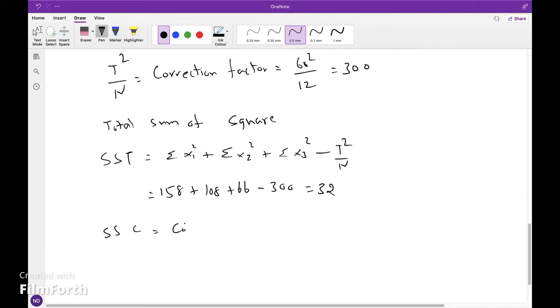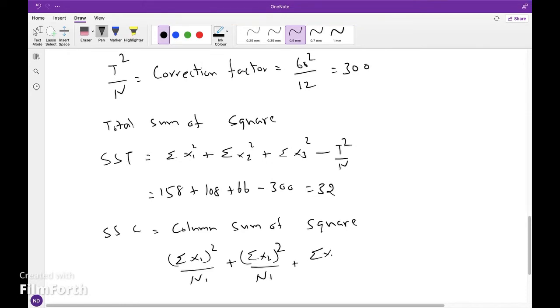Next column sum of squares: summation of x1 the whole squared by n1 plus summation of x2 the whole squared by n2 plus summation of x3 the whole squared by n3 minus T squared by n.